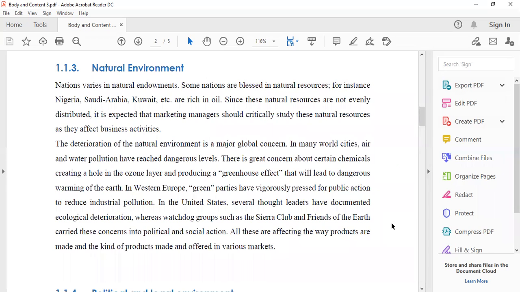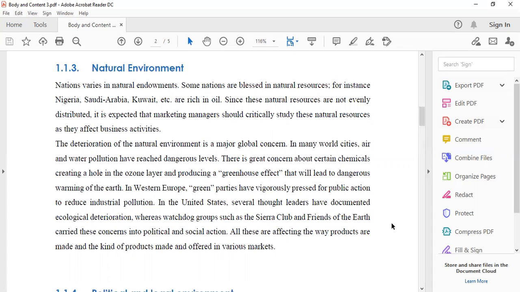Most of the times, the raw materials used in the manufacturing process come from nature. So an organization also needs to monitor the natural environment, see how these things affect the business activities.